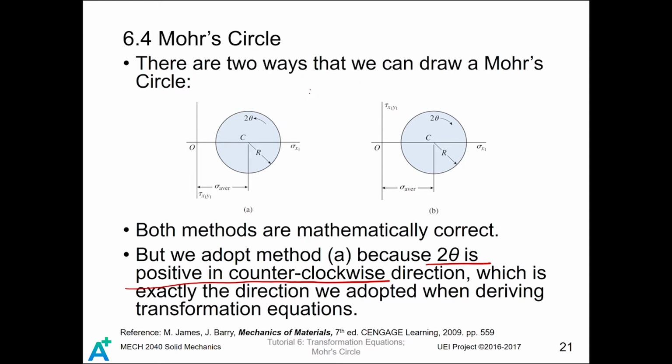If we adopt the Mohr circle like this, the direction of 2 theta will be like this, which is not what we want. What we want is the Mohr circle like this, with tau x1y1 and sigma x1. Then the Mohr circle constructed in this coordinate system will have 2 theta positive in this direction.